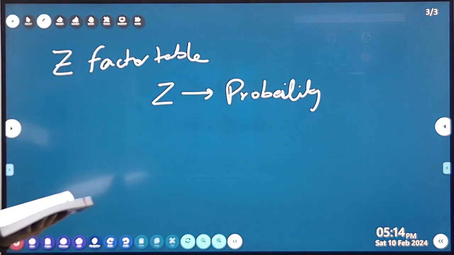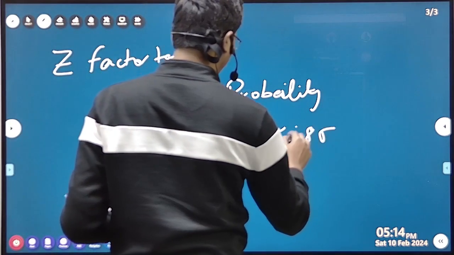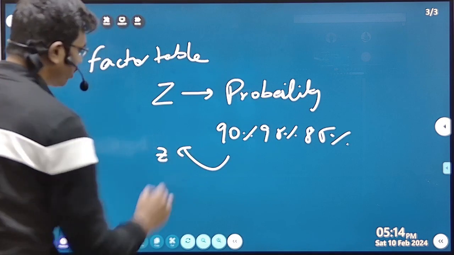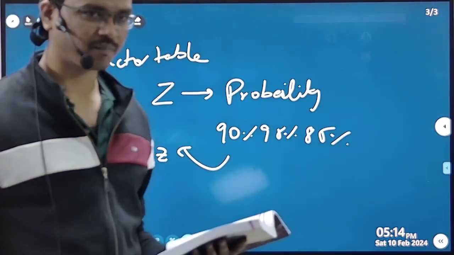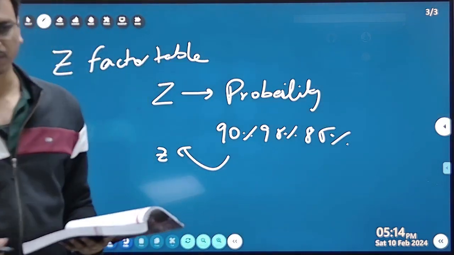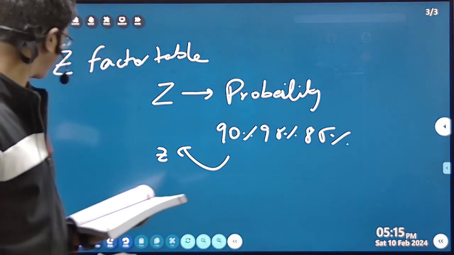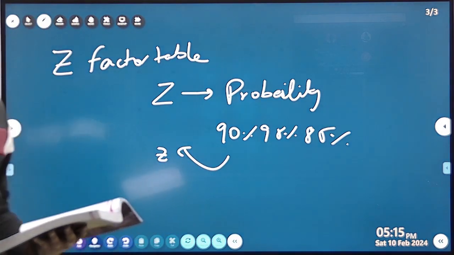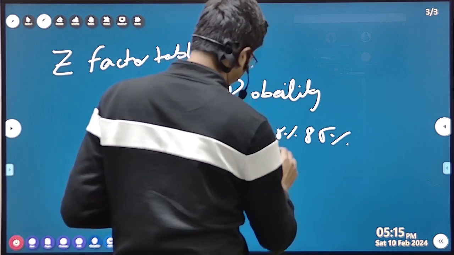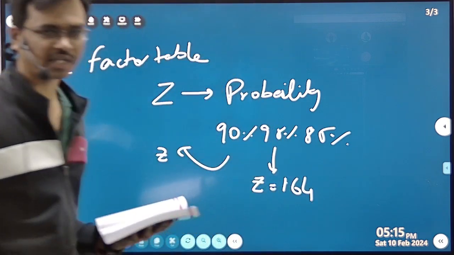For a certain probability, say 90%, 95%, 85%, for each probability value you will have a Z coefficient. You can Google this Z factor table. Generally this should be provided in the problem, or he has to give us that table for reference. The table is simple. You can just Google it or YouTube how to read that table. But here, in our case, the probability is 95%, and for that probability the value of Z is 1.64. This will come from that table.